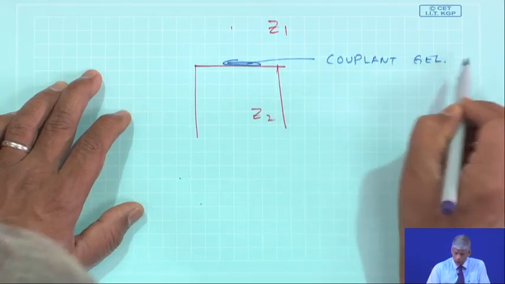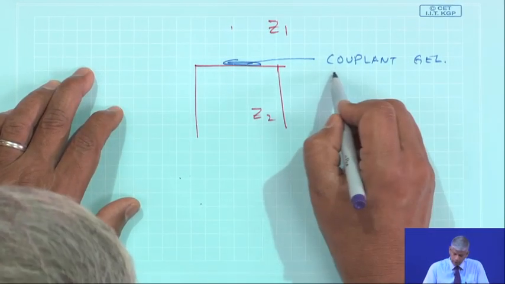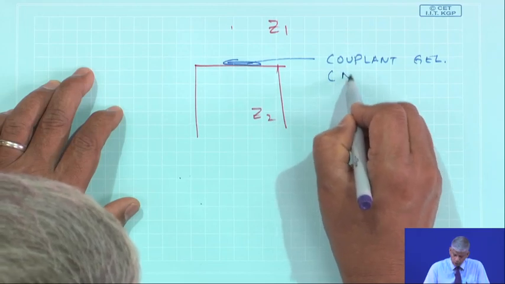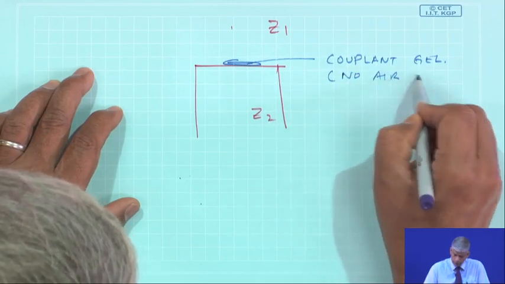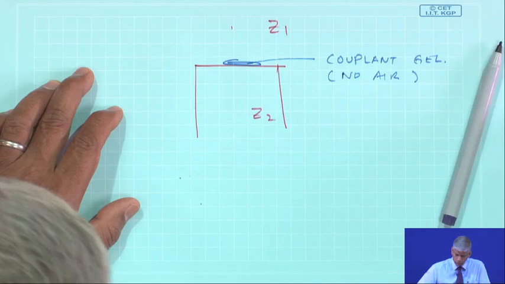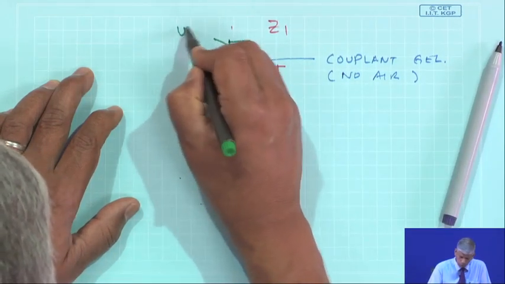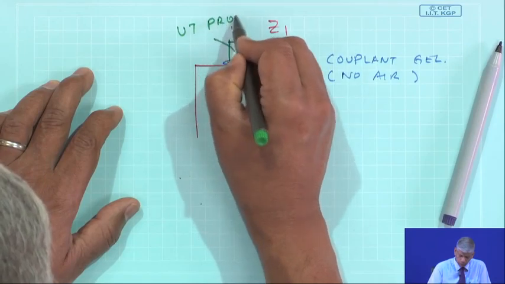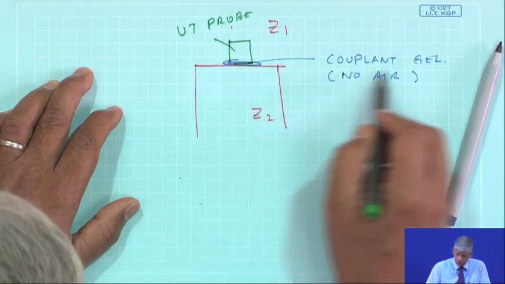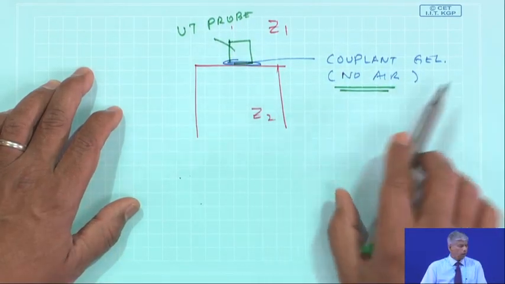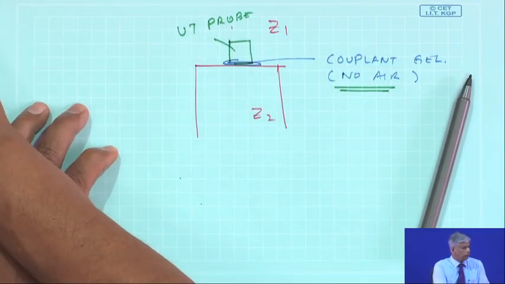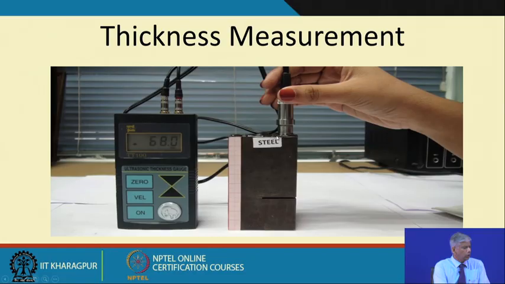This is nothing but a water based compound, so that there is no air between the interface of the probe and the material. So, to remove air, a couplant gel is applied, and here also on this surface we have given a couplant gel. So, what happens? How is it measuring the thickness accurately? It is like this.